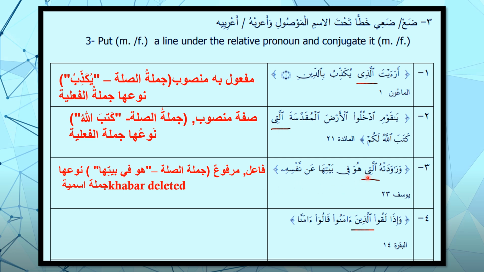So allati, the ism mausool, is coming in fail position, it's marfu, and the jumlatus sila is huwa fi baytiha. And what is the type? It's jumlatul ismiya, where the khabar is deleted. Huwa is the mubtada and the khabar is deleted. So this is the i'rab here of allati.